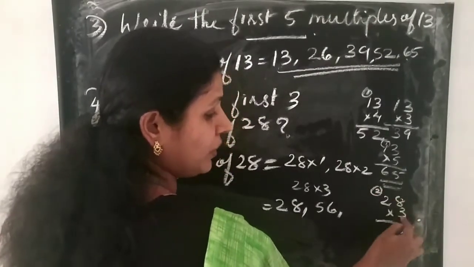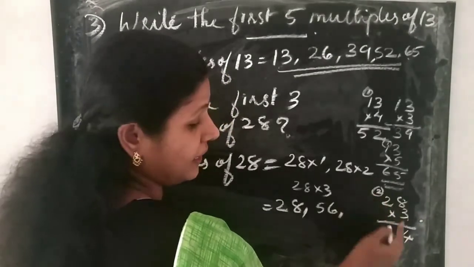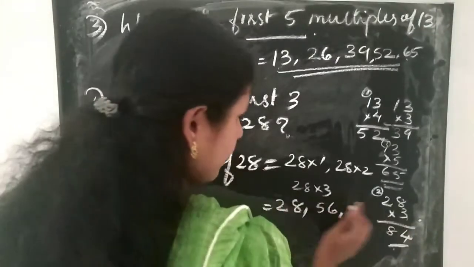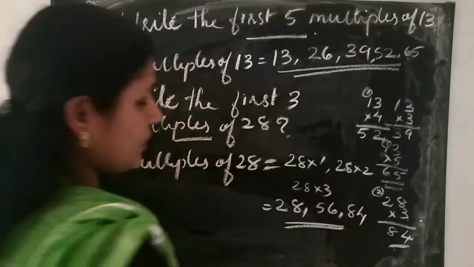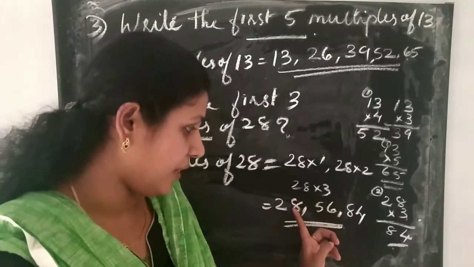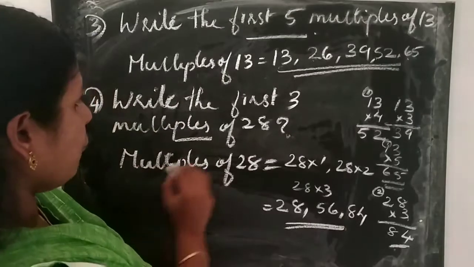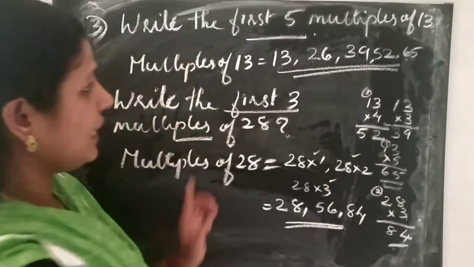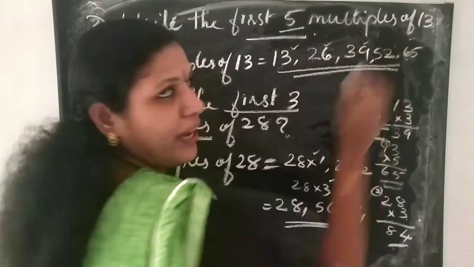Carry over 2. 3 2s are 6. 6 plus 2 is 8. So we get the answer as 84. So the multiples of 28 are 28, 56, 84. We need only the first 3 multiples, so we find 1, 2, 3 multiples. In the earlier case we needed 5 multiples, so we got 1, 2, 3, 4, 5 multiples.